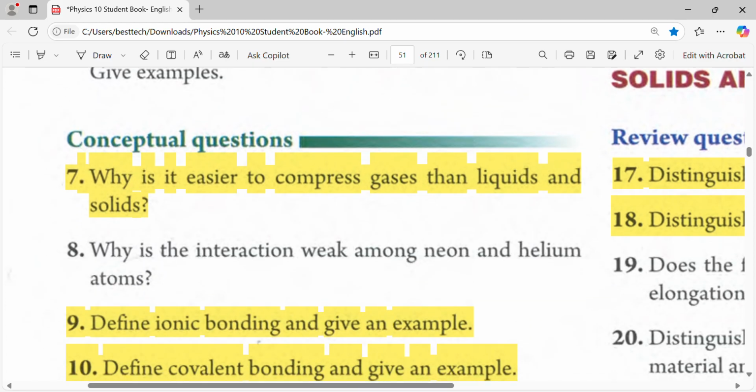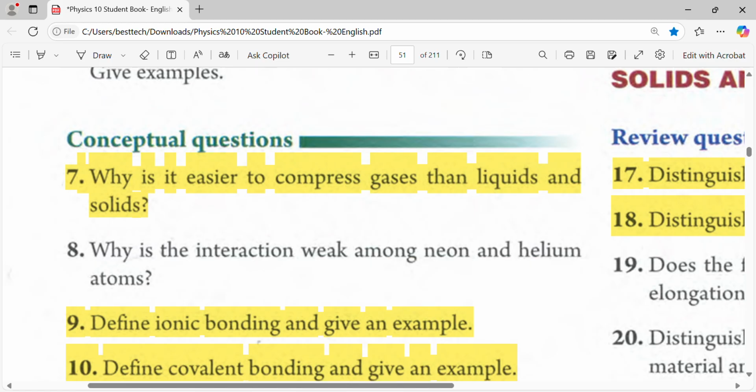Question 7 is a good question. Why is it easier to compress gas than liquid and solid? Guys, if you remember, before studying chapter 2, I showed you the table of differences between the properties of gas, liquid and solid. We studied that solid is incompressible. We cannot apply any pressure on solid. Liquid is compressible to a small extent, but gas is compressible.